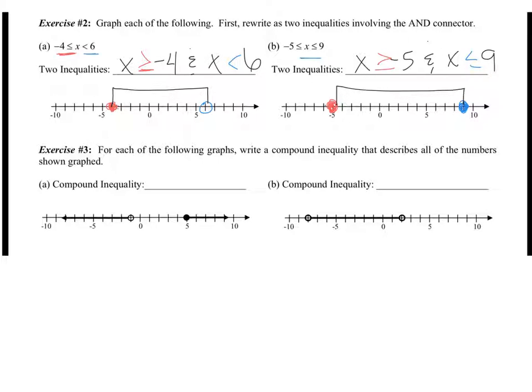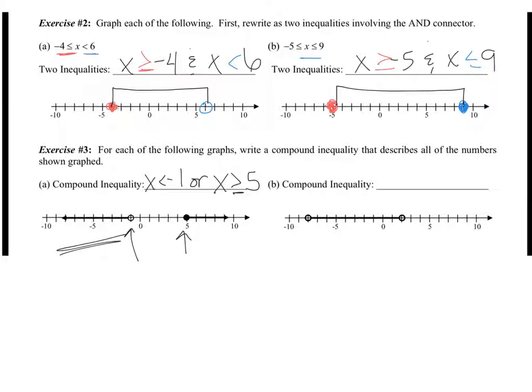For A and B, we're just going to write inequalities for these. You will notice that in A, they don't ever cross, so that means it's going to be an "or." So x is less than, it's smaller than, notice it's an open circle, so it's not "or equal to," and -1 is the number that this is on. The second one, x is more than or equal to, notice that that is a closed circle, 5.